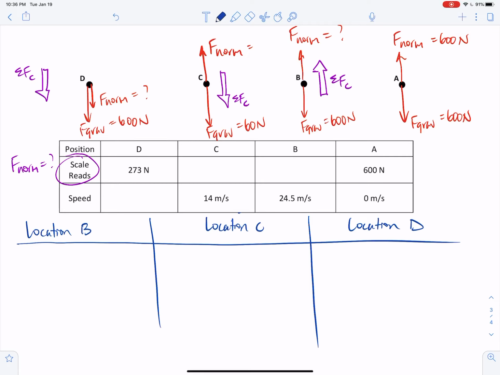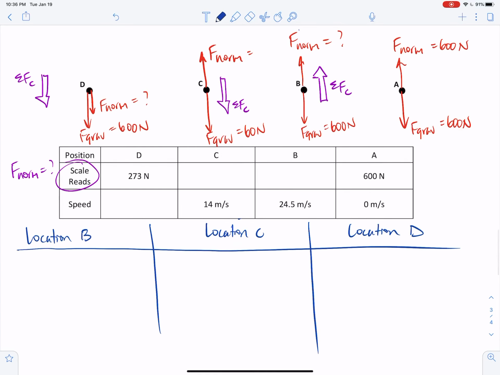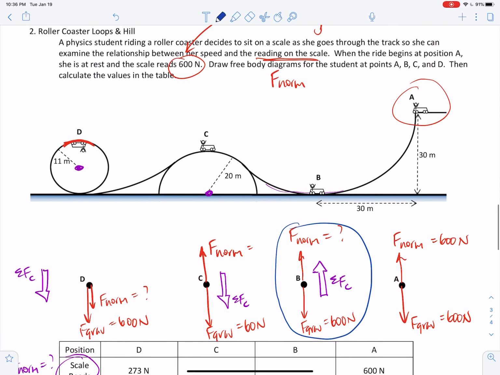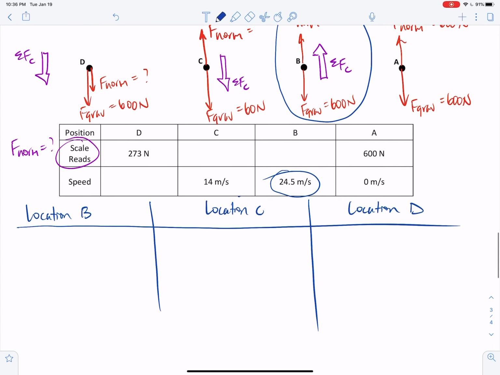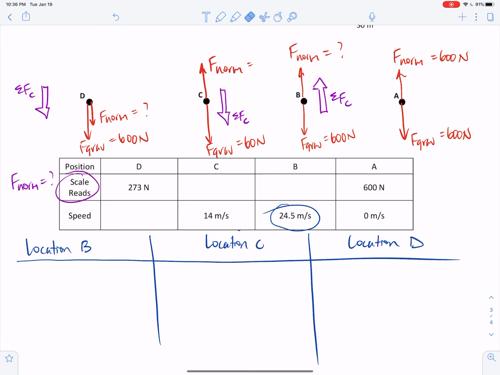Okay, so starting here at location B, I have some information, which is the speed of the girl at location B. Again, location B is at the bottom of this big dip. I'm being asked to find the scale reading, the normal force. So I want my attention to be here. What is the normal force acting on the girl at location B?